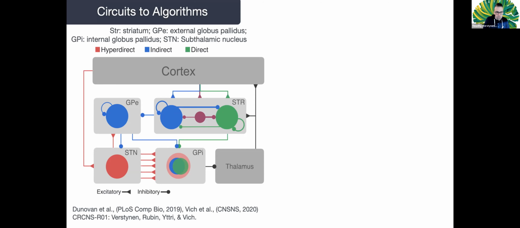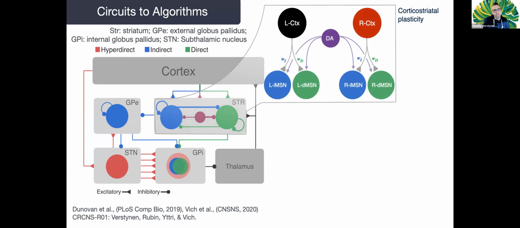So what we do is something called an upward mapping approach, where we take in silico spiking models of cortical basal ganglia loops that are as biologically constrained as possible. This is a wiring diagram of our spiking network model. We can even add in plasticity like dopaminergic plasticity. And we have the model generate behavior as if it was a human or animal doing something like a two-choice bandit task.